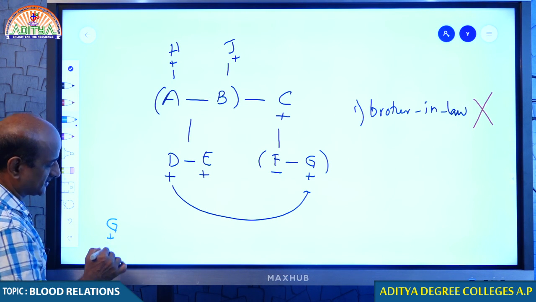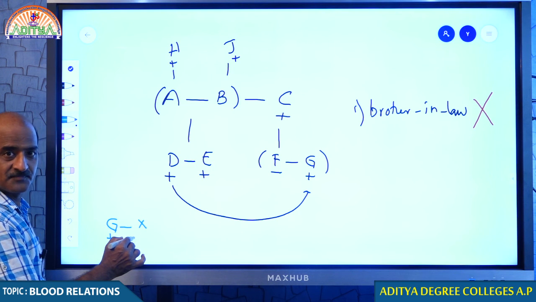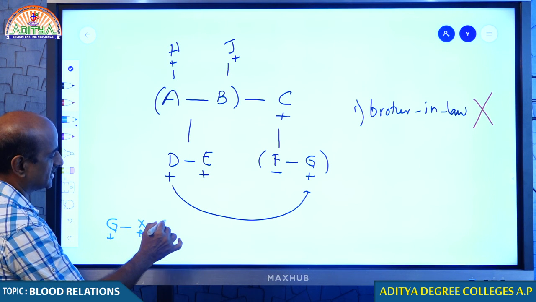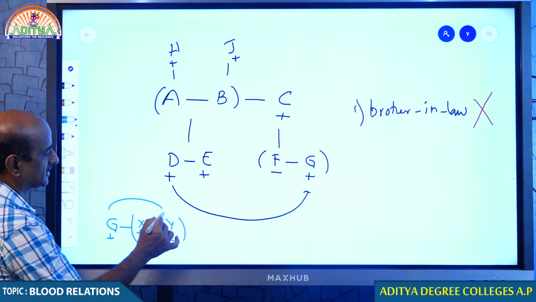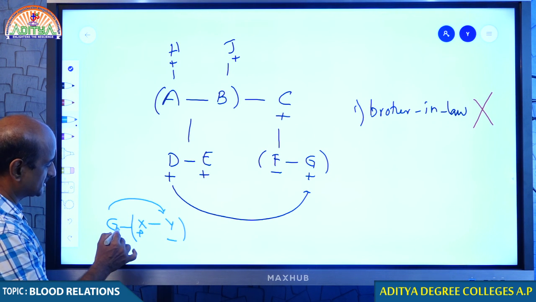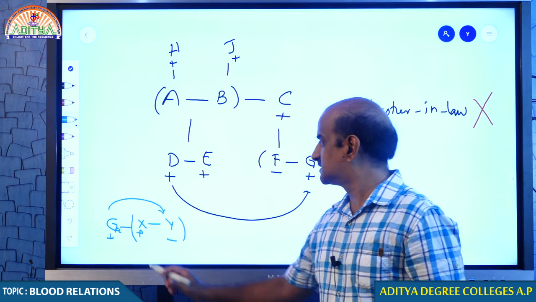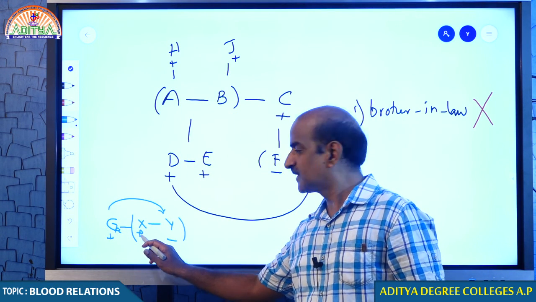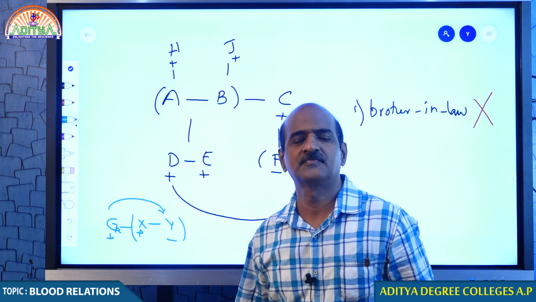Ganesh, G stands for Ganesh. Ganesh is brother to X. Therefore, obviously to the spouse of X, he will be brother-in-law.